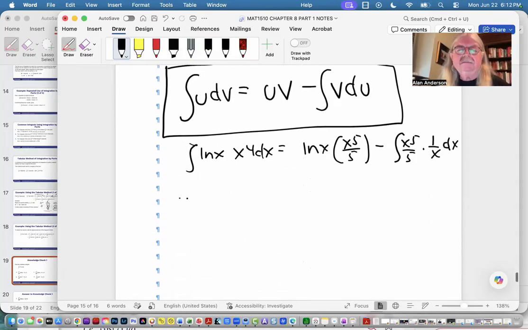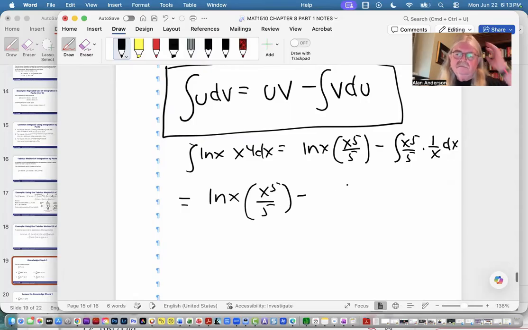Now, by the way, x to the fifth over x, of course, reduces to x to the fourth.